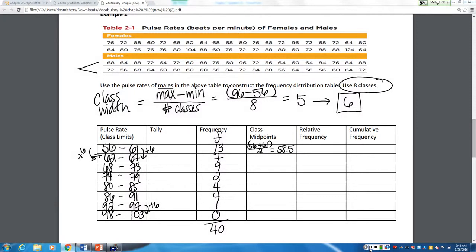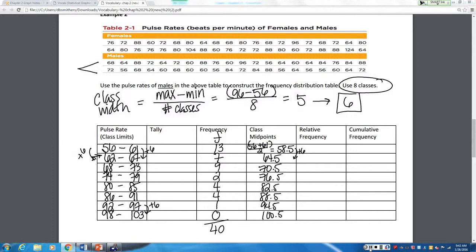The class width, which, yes, in this case is 6. So I could add 6 going down. So then you'll have 64.5, 70.5, 76.5, 82.5, 88.5, 94.5, and 100.5. Is that okay? Yes.